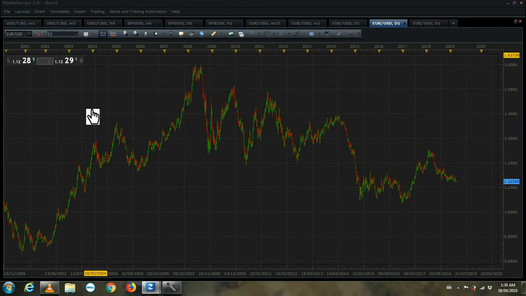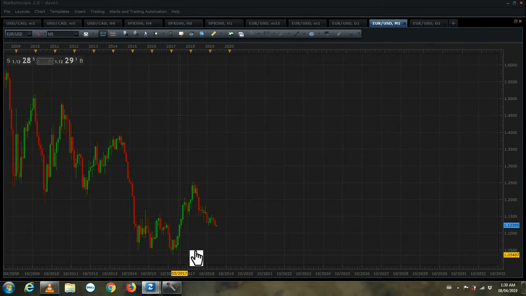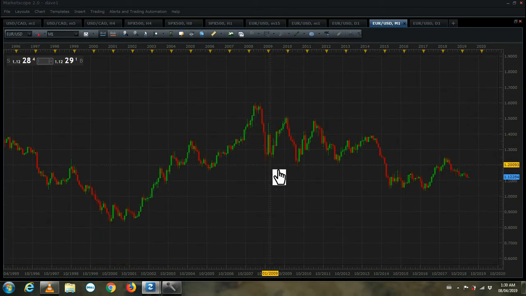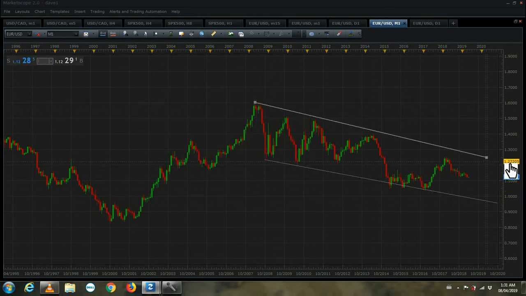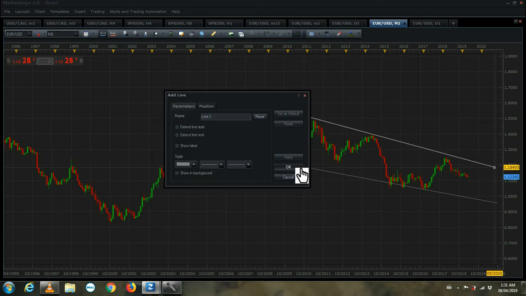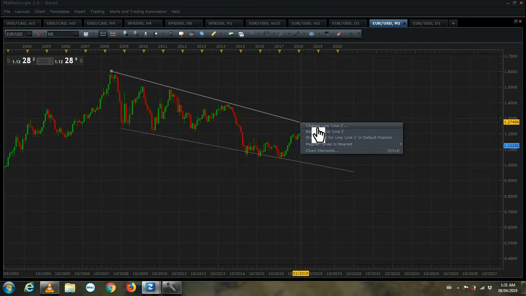Oh, I gotta go back further, monthly. And just to see what is going on here on the monthly. So the long-term trend is down. That's the angle. Now it's staying within this price channel. Eventually it's going to create a wedge pattern. Obviously this is what a wedge is.